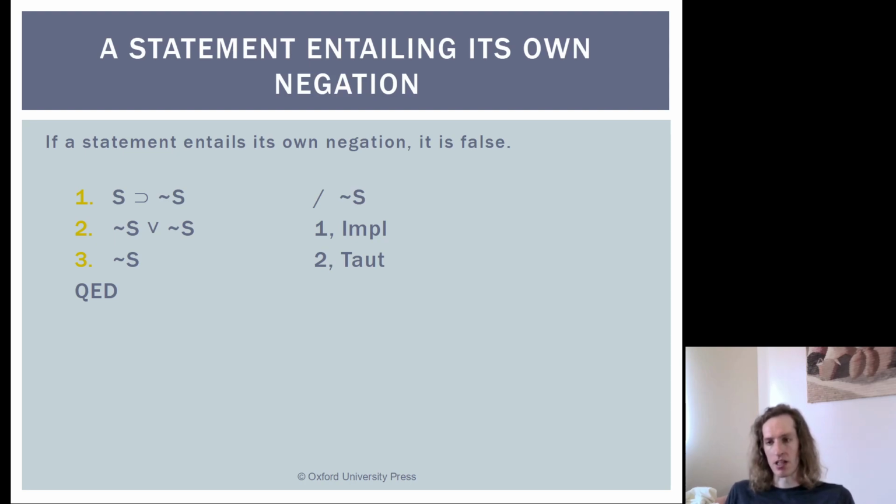But if we have a statement like if S, then not S, well, then we can only conclude not S. Because if we use material implication on that, then we can see, well, either not S or not S. Using tautology, if we have two options, not S or not S, that's the same as there just being one option, in this case, not S. So we can get to just not S from if S, then not S.